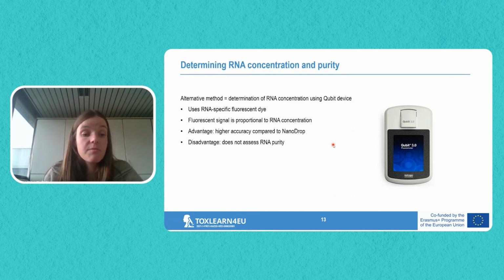The advantage of this method compared to the nanodrop is that it has a higher accuracy. So usually the RNA concentrations determined by this device are more correct than those determined by the nanodrop. But a disadvantage is that it does not assess RNA purity. So in that case, you will not have any information about the purity of the RNA.